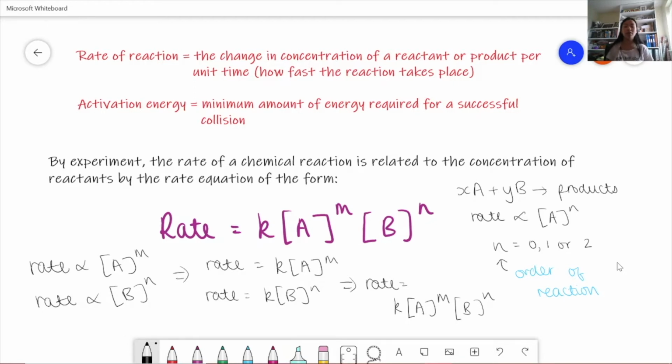So we'll actually come to find that k increases when the temperature increases. And the units of k depend on the order of the reaction. The overall order of reaction we would work out by adding up all the orders of reactions. So we have that the overall order of reaction would be equal to m plus n.